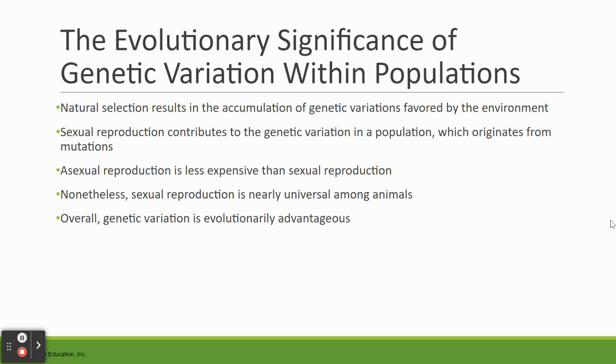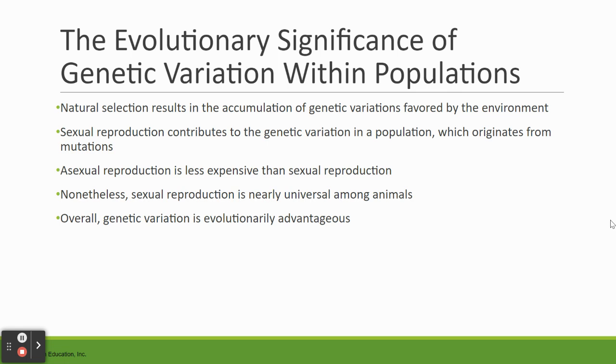Sexual reproduction also contributes to the genetic variation in a population. This is where population genetics comes into play. A lot of people study population genetics, and they usually study mutation sources, how that mutation occurred, and how that genetic variation affects all the organisms around it. Asexual reproduction, like budding, we talked about budding in the Hydra, is a lot less expensive than sexual reproduction.